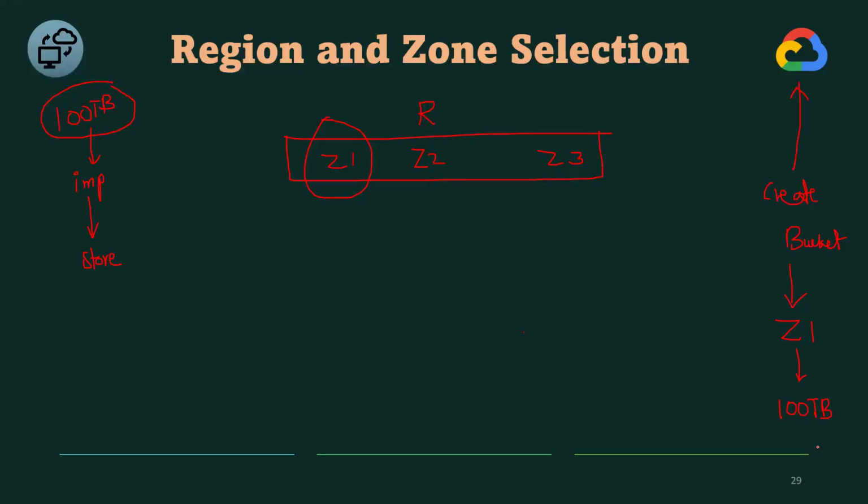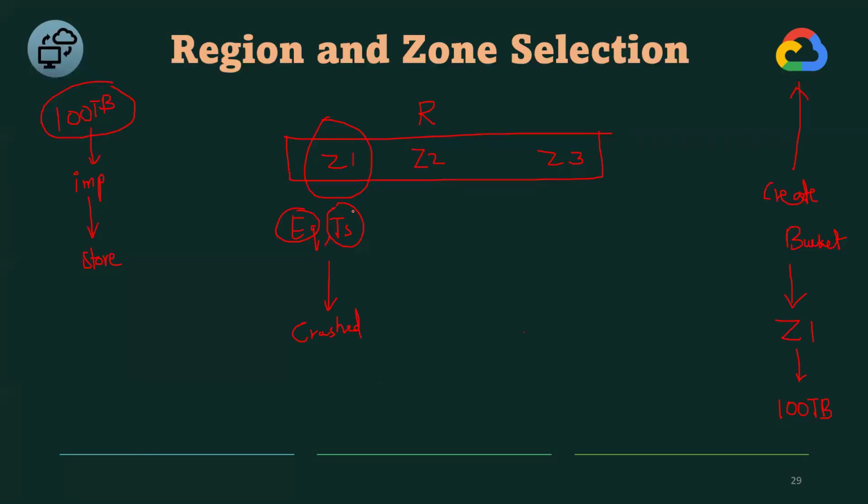Yes, right? So now tell me, if some earthquake or tsunami happened, what happened to your data center in zone 1? It crashed, right?